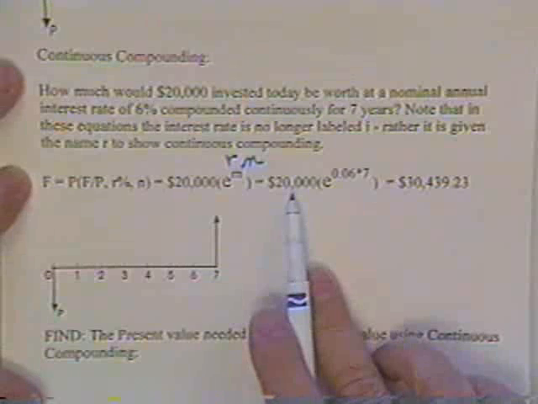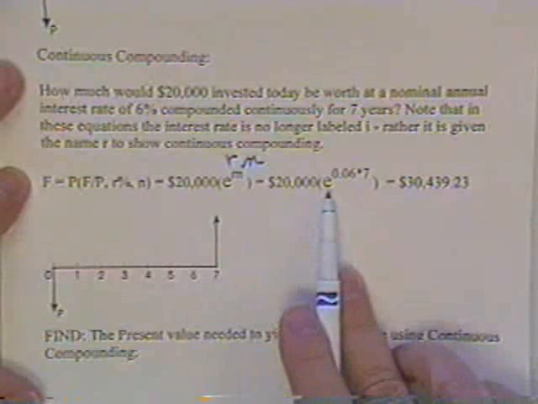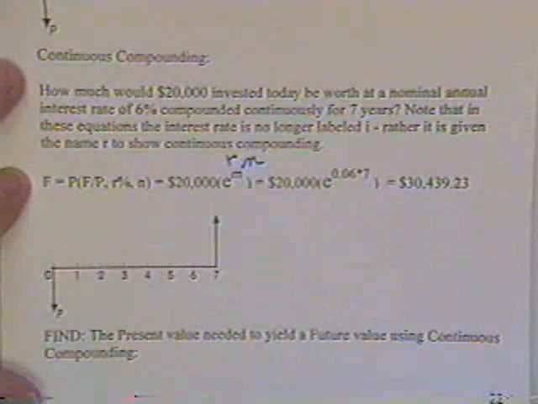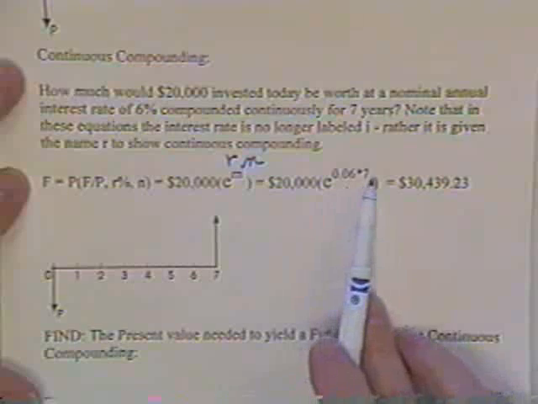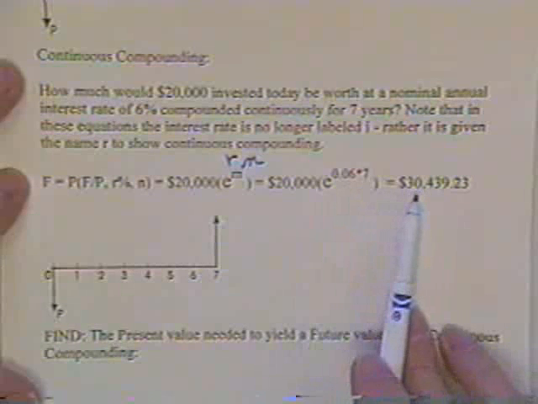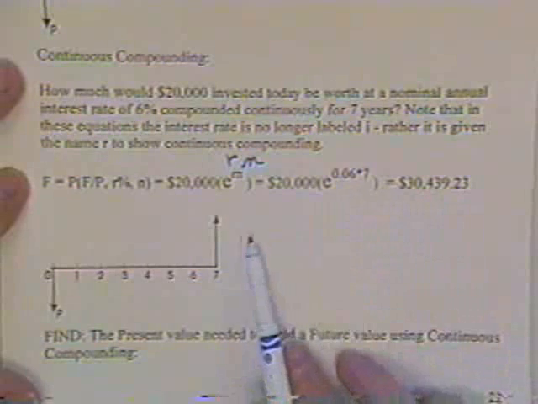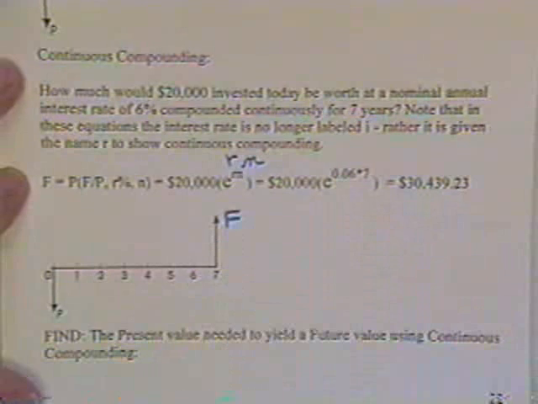And therefore you get back from the bank $20,000 times that e value. What was that e? 2.7 something, don't remember. Whatever e is, key it in on your calculator, raised to the 0.06 times 7, and that gives you $30,439 as how much this is worth in the future.